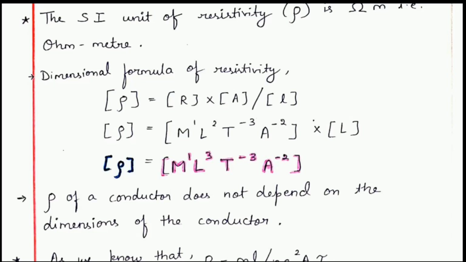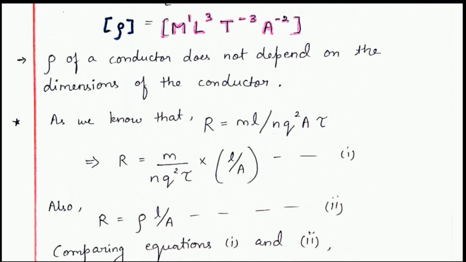Now we have also discussed the formula R is equal to m L by n q square A tau.